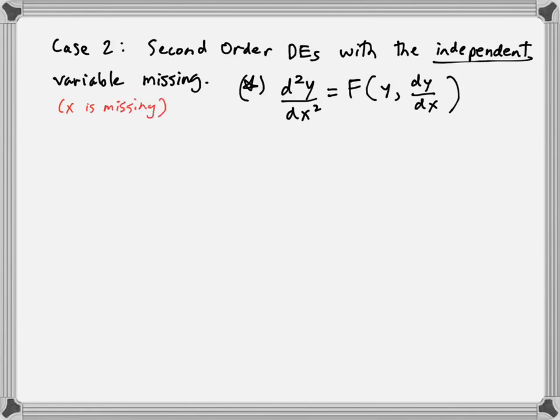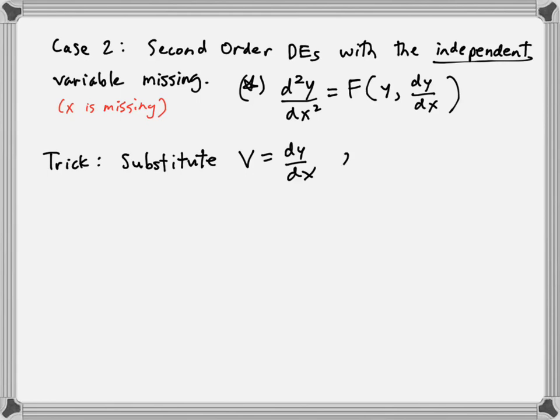So what is the trick? The good news is the trick for this one is going to be the same as the trick for the other one. However, there is one little catch that makes these a little bit harder. So we're going to substitute v for dy dx again. Okay. Now, that's fine.